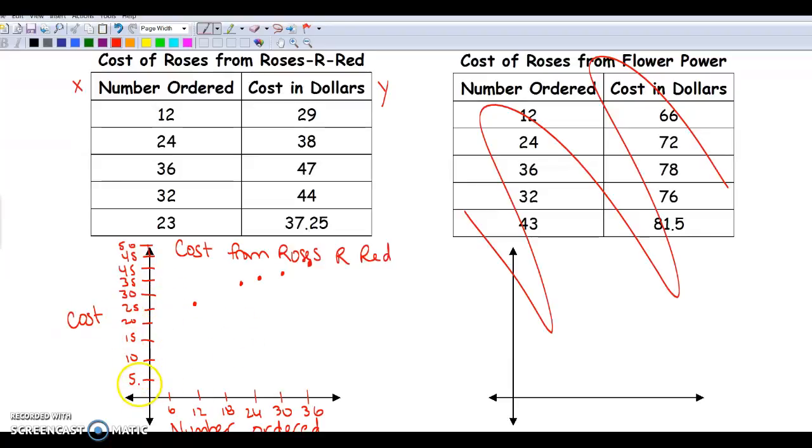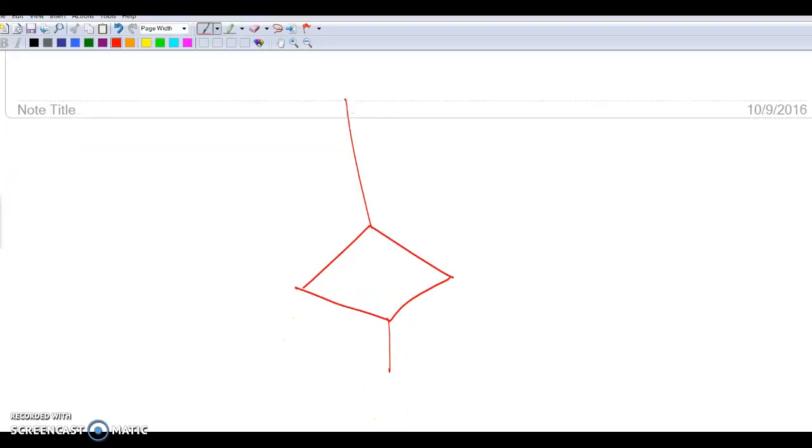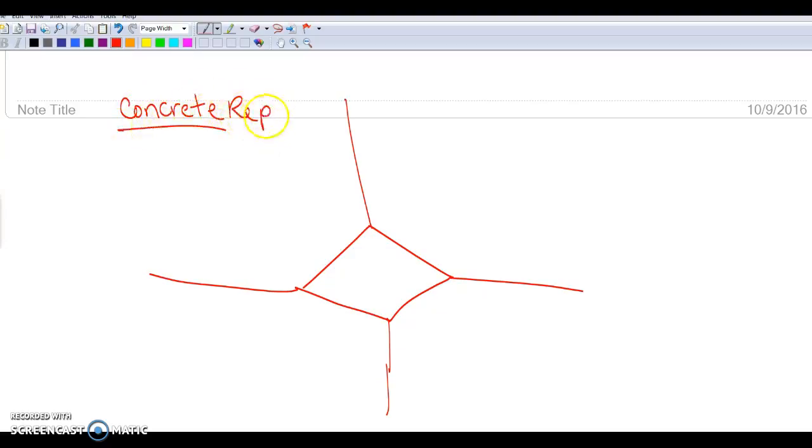All right, now the third page we're going to skip over, but one of the things that you're going to see on your homework is a problem like this at the end. It's going to be a word problem, and it's going to have the page cut into 4 sections. Up here in the upper left, it's going to have concrete representation.